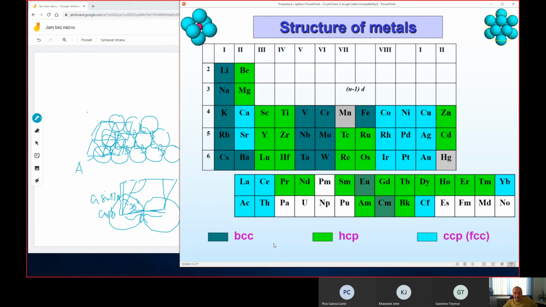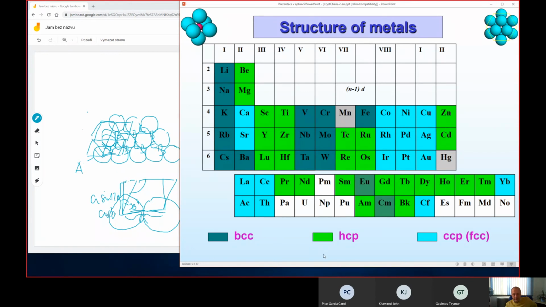In the first semester, we briefly mentioned the Engel-Brewer rules. There are two Engel-Brewer rules, and one refers to structure. The rule postulates that those metals which have a low number of electrons available for bonding adopt the BCC structure.